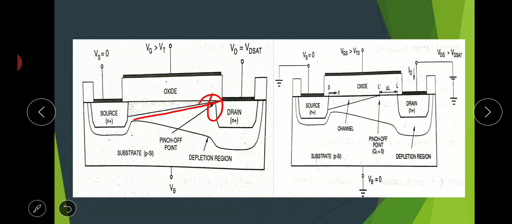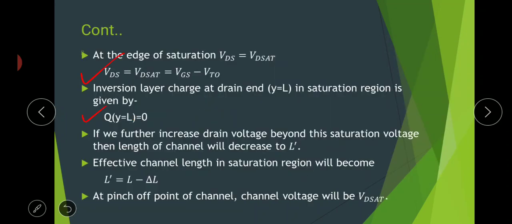As there is no channel present, there is no electron present. Because of that, the charge density near the drain end is equal to 0, that is when y equal to L, as the length of the channel is L. So here Q of y equal to L equals 0.